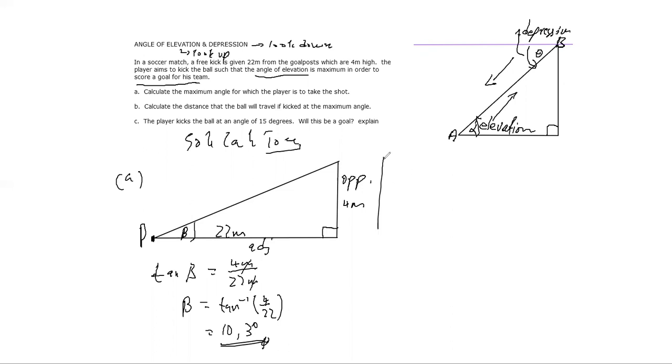Now B, you are asked what should be the distance that the ball will travel if kicked at this maximum angle. In other words, find the hypotenuse, because this is how the ball is going to travel. He's going to kick it at this angle, and the ball is going to go up. There it is.